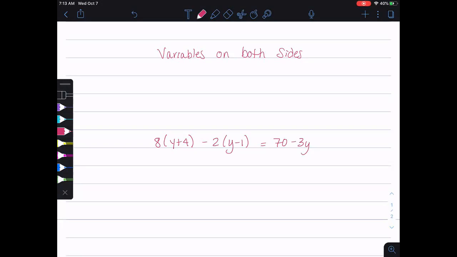So the steps that I told you on how to solve this were very similar to the previous lesson where we had just multi-step equations.